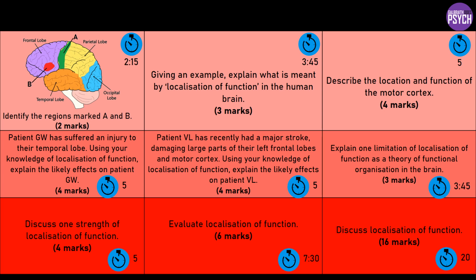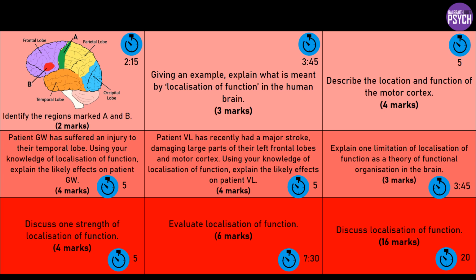For 6 marks, this is likely to be a levelled question, so you do want your evaluation ideally to be thorough and effective. So if you've got time, I would encourage you to develop one of those a little bit, for example, you could use that counter argument to the case studies that I just talked about in the previous question. But basically 2 paragraphs will be fine for that 6 marker.